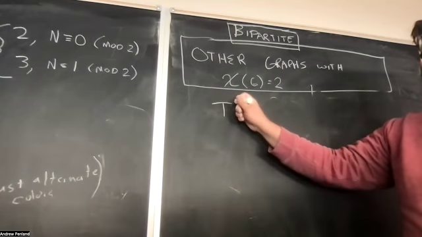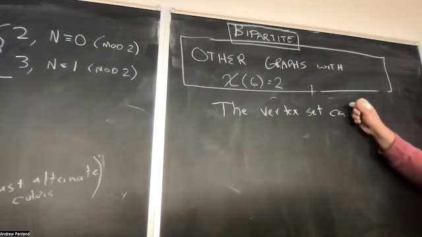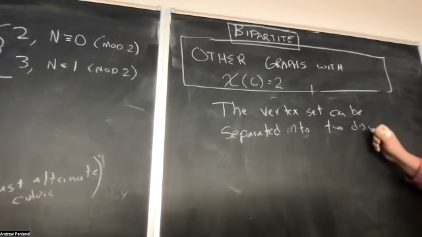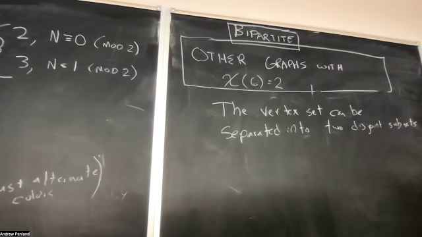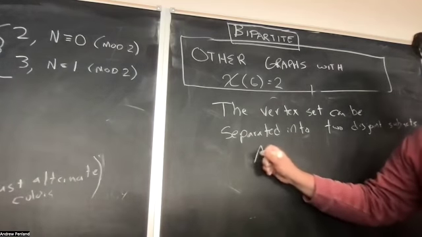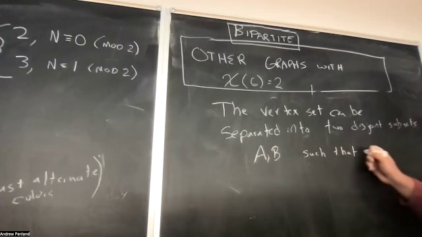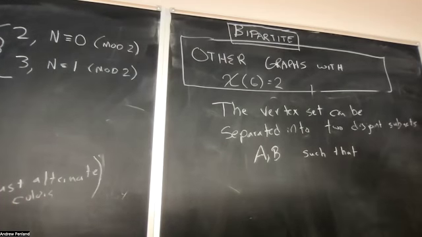So the vertex set can be separated into 2 disjoint subsets. I'm going to call them A and B, but you could call them whatever you want, such that the only edges that occur are between a vertex in A and a vertex in B. You don't have any edges between vertices in A.